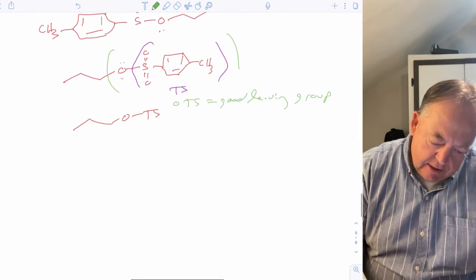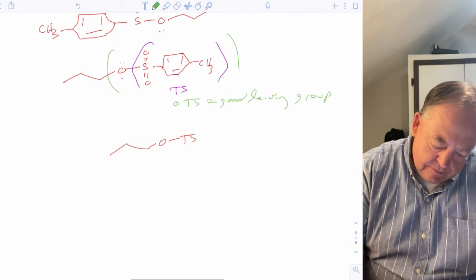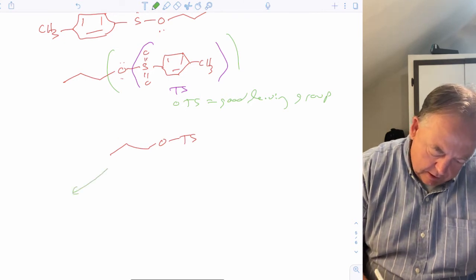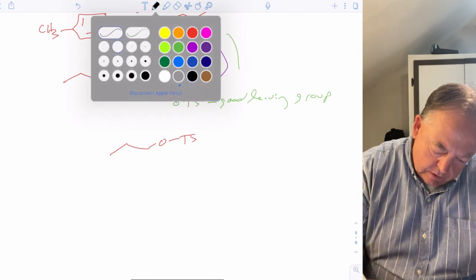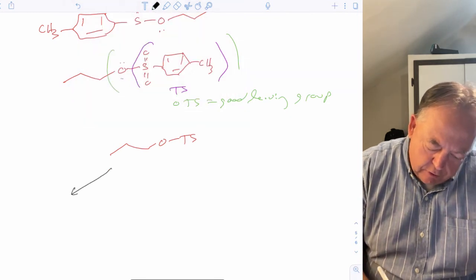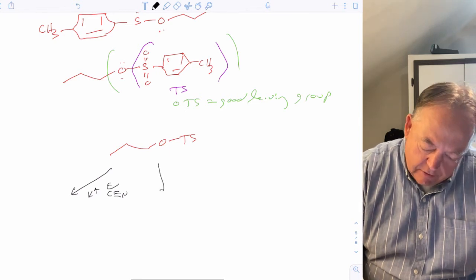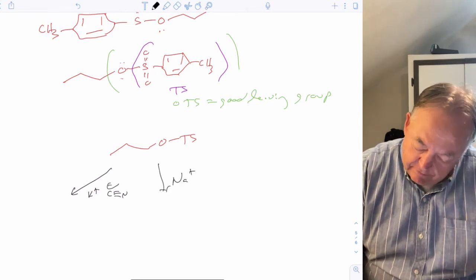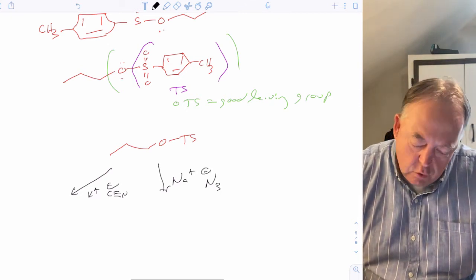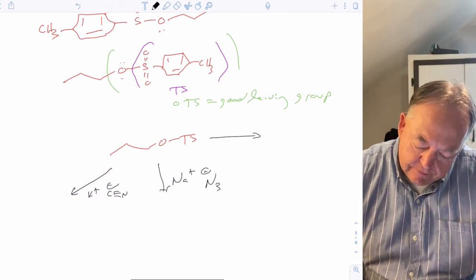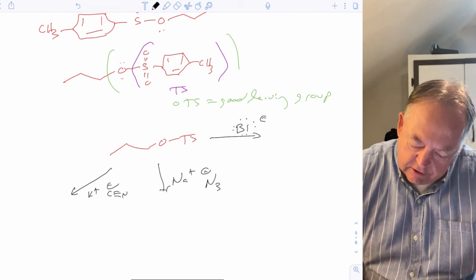So now you can take this and react it with any nucleophile that you want, any good nucleophile. Let's just pick some good nucleophiles like potassium cyanide. CN minus is a good nucleophile. Azide, if you remember from Organic 1, is good for SN2 reactions. Or it doesn't even have to be that good of a nucleophile because OTs is such a good leaving group.